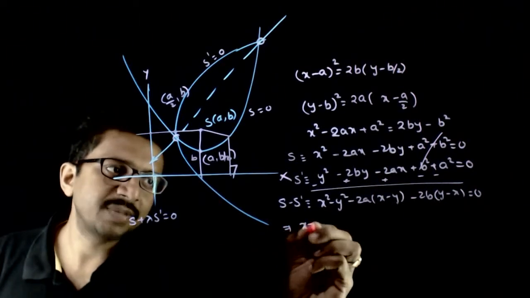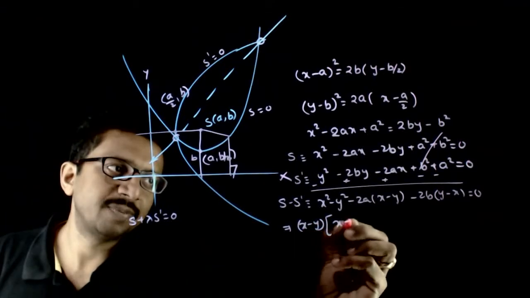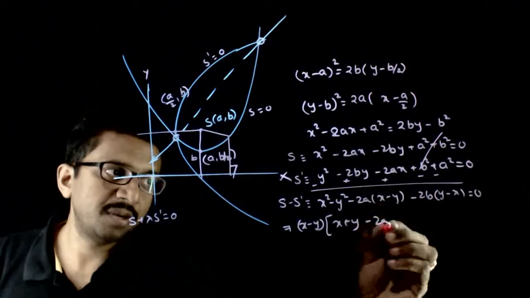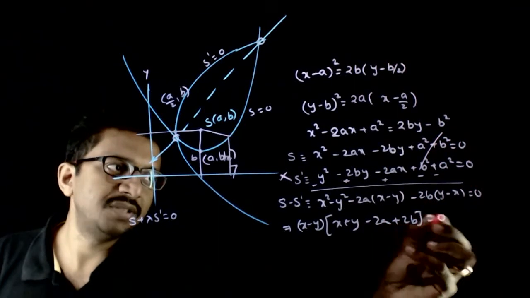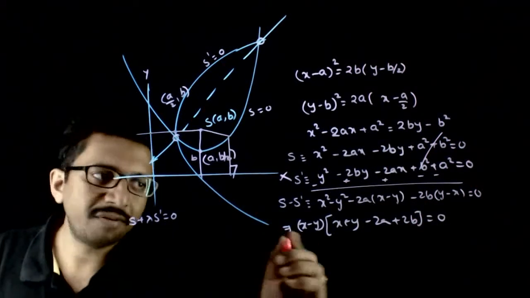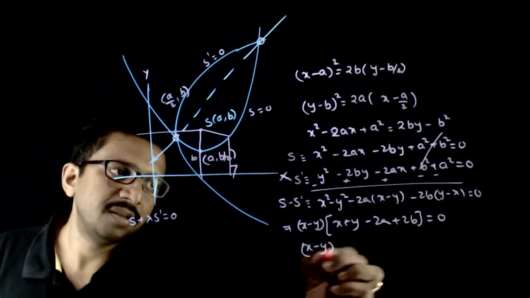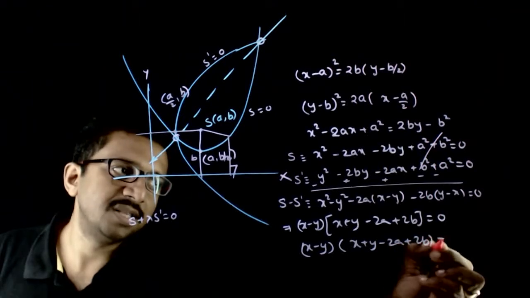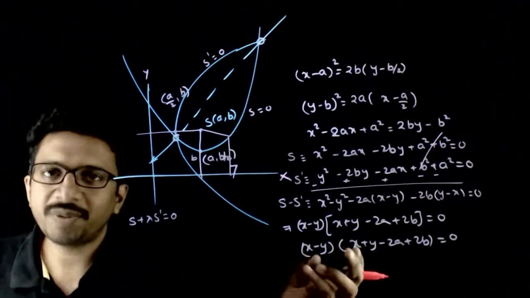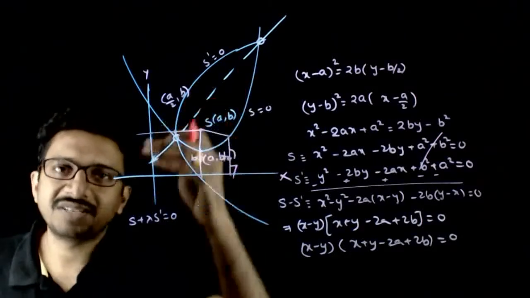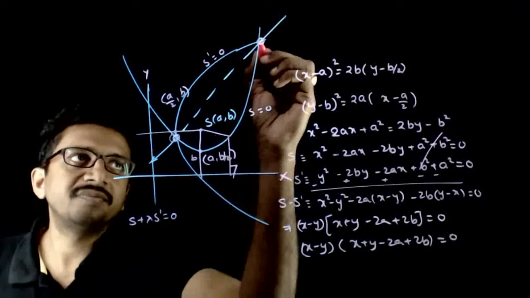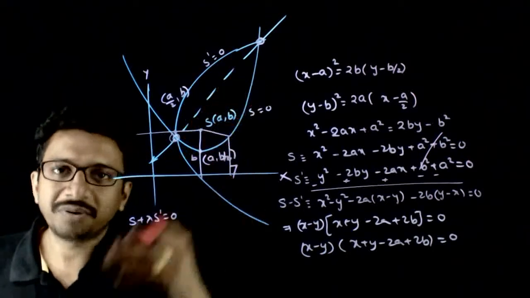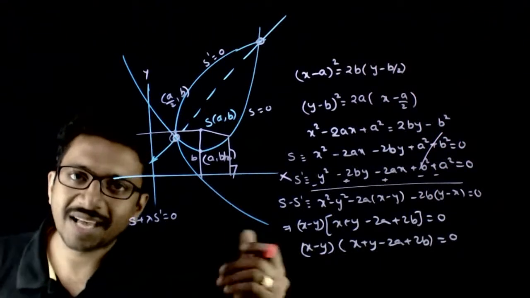So if you take x minus y as common, you get (x minus y) into (x plus y minus 2a plus 2b) is equal to 0. That means this pair of lines passes through the points of intersection of these two curves. So obviously one of the lines has to be the common chord.